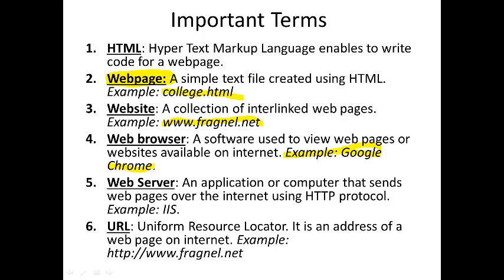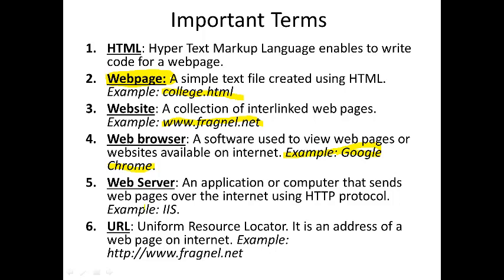Next, web browser is on the client platform. Where is this website or web pages located? These web pages, website, are placed in a web server which makes it available over the internet for the web browser to view the web pages.